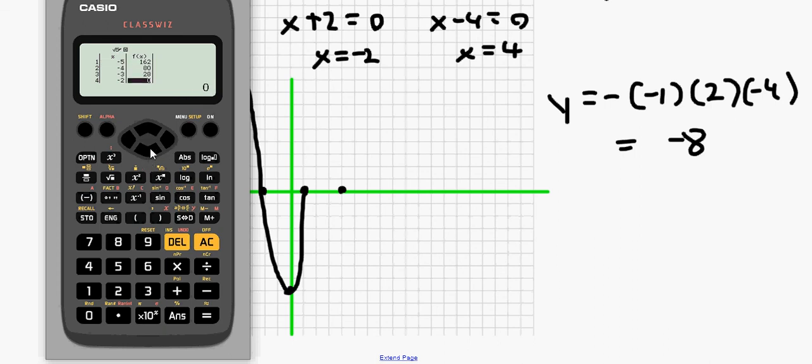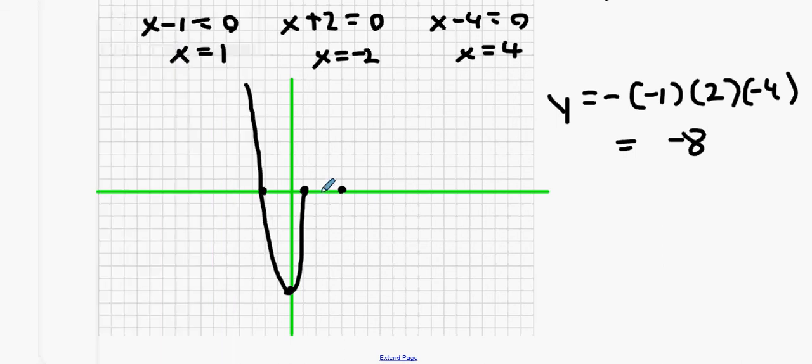No bother. 0, minus 8. 1, 0. 2, 8, 3, 10. And then it just goes flying back down again. Jeez, that's harsh. Yeah, something like that.